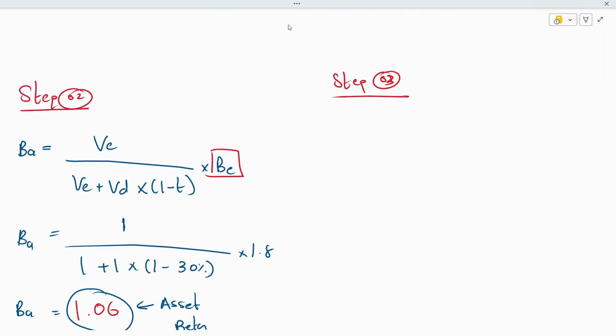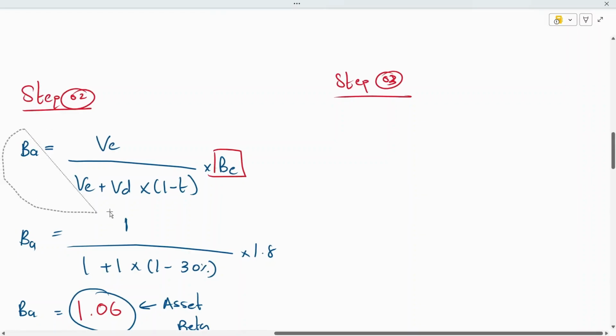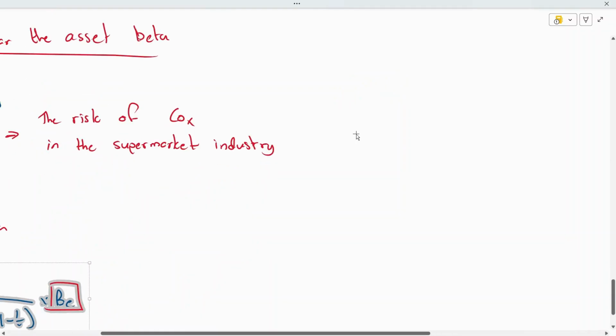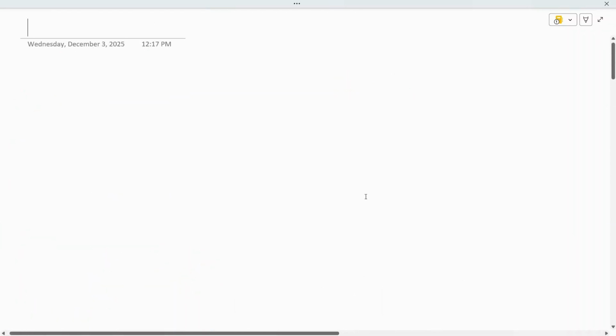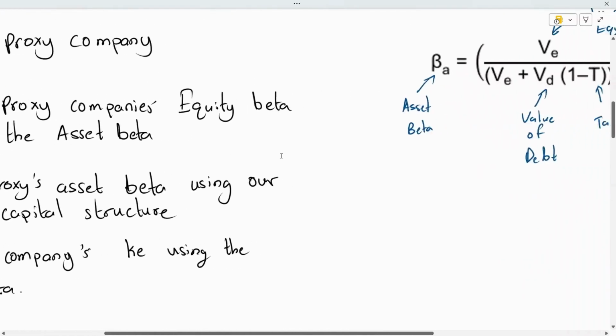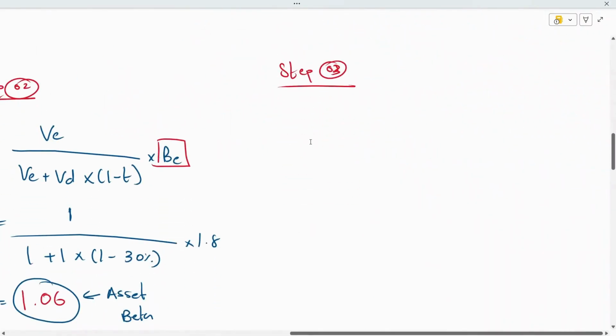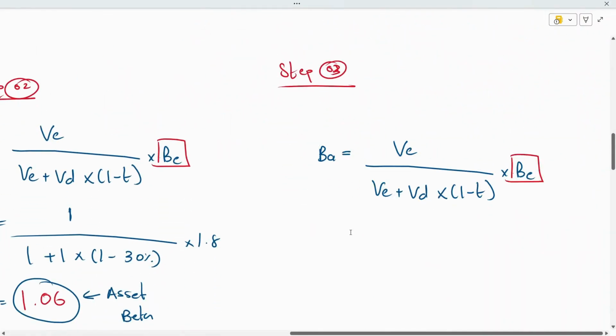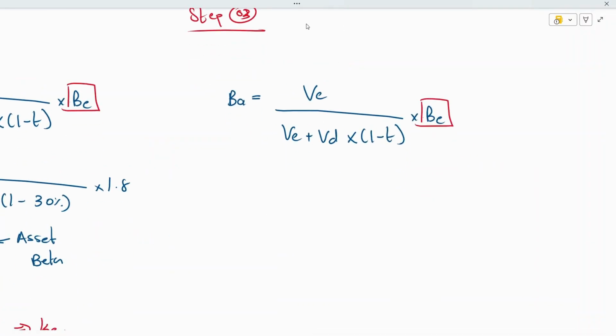All right, so let me just copy this same formula over here. Same formula. So we know the asset beta figure is 1.06.